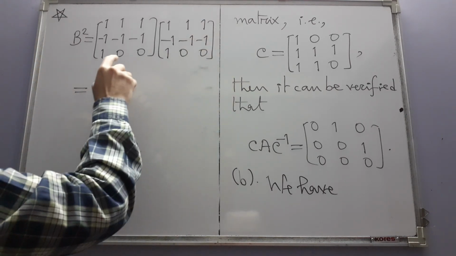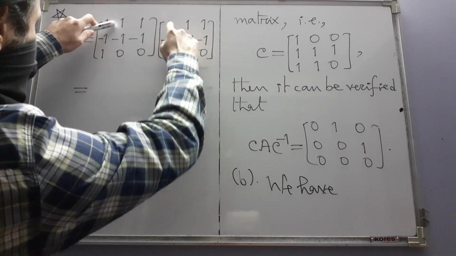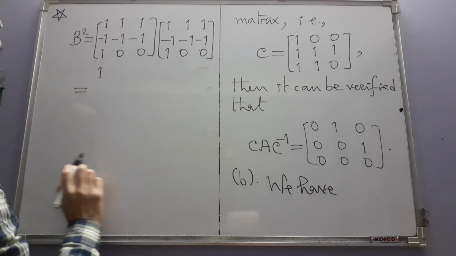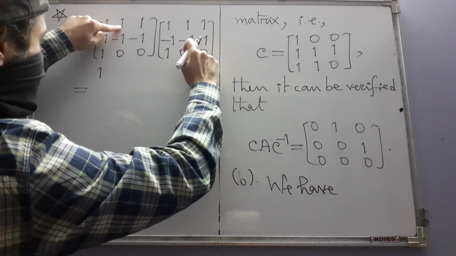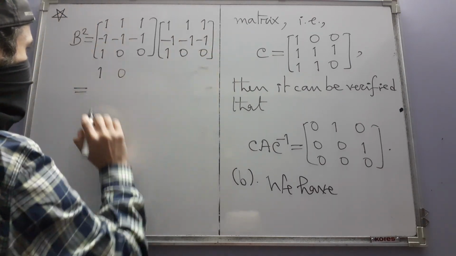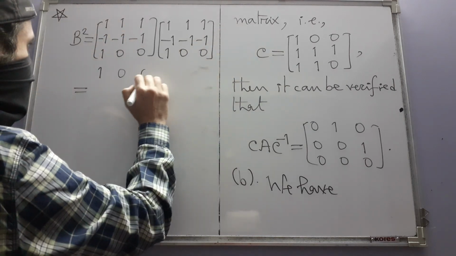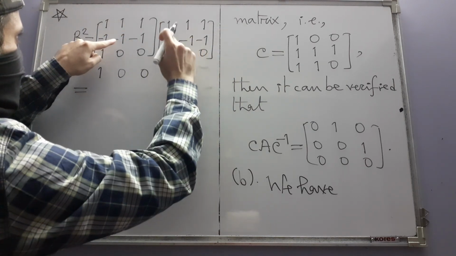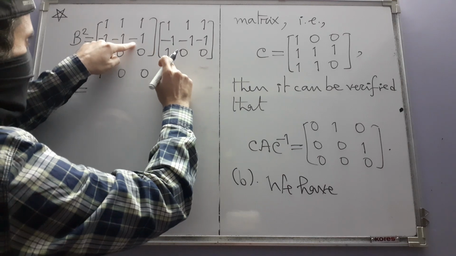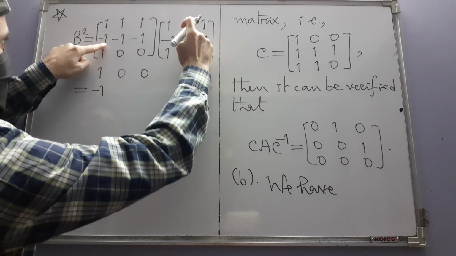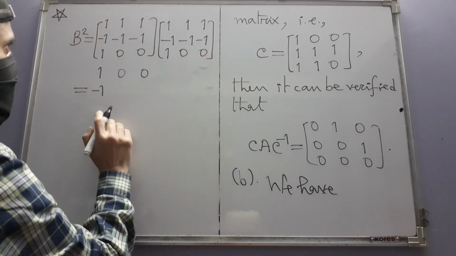Again our usual pattern, 1 minus 1 1, so that means 1. 1 minus 1 0. 1 minus 1 0. Minus 1 plus 1 minus 1. Minus 1 plus 1 0.